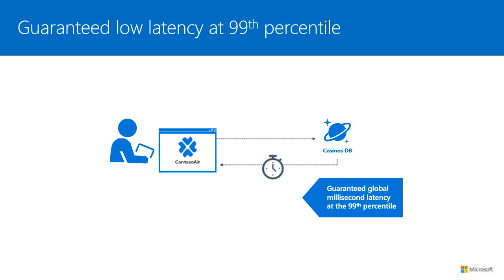So one of the first things, in building any type of real-time experience, the key word there is real-time. You need a database that can really keep up with users' interactions. And so we do have guaranteed low latency at the 99th percentile, which means that as you're interacting with this database, we guarantee at the 99th percentile to deliver you your reads for a 1 kilobyte document within 10 milliseconds and your writes for a 1 kilobyte document within 15 milliseconds.